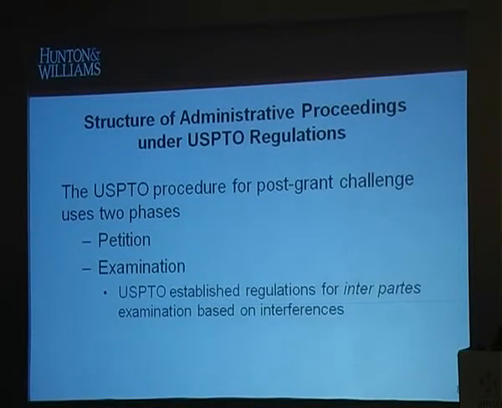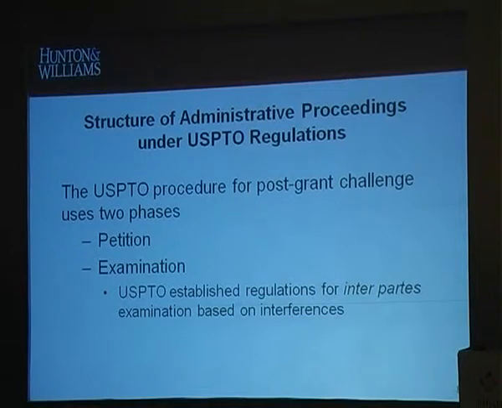Within the administrative procedures in the patent office, the post-grant challenge occurs in two phases. There's an initial petition phase, which is the only phase where the requester, the challenger, participates in an ex parte reexam.